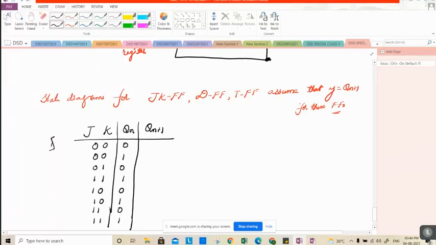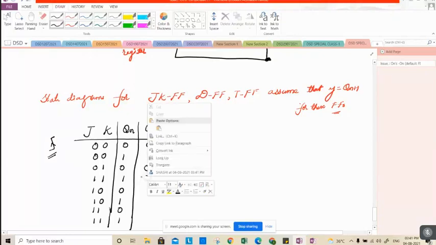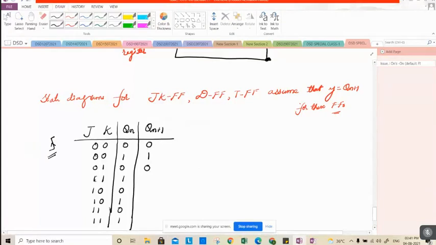Assume that we have a positive edge clock here. Now what is the value here? 1. Whenever it is 01, what will be the output? 0. For 10, 1. This is 1 and this is 0.